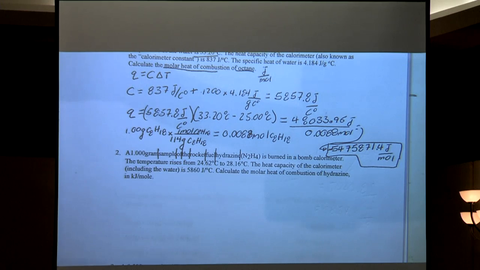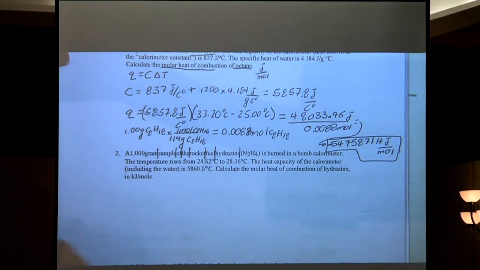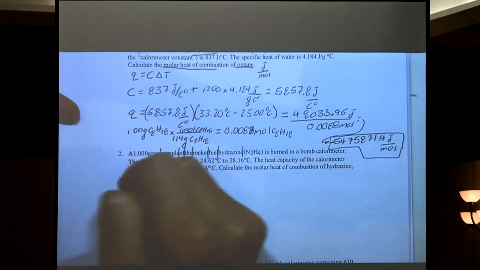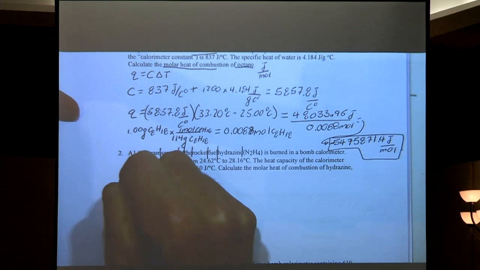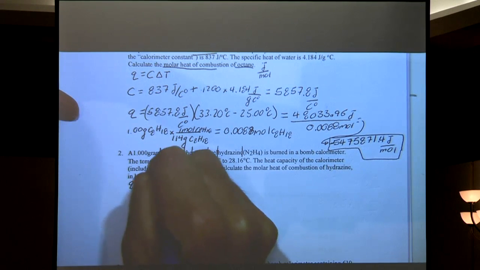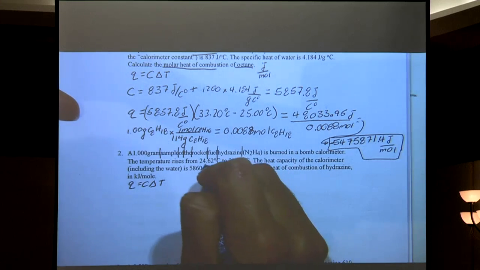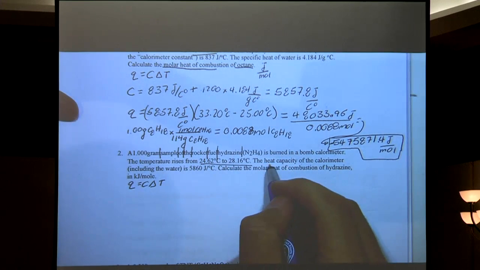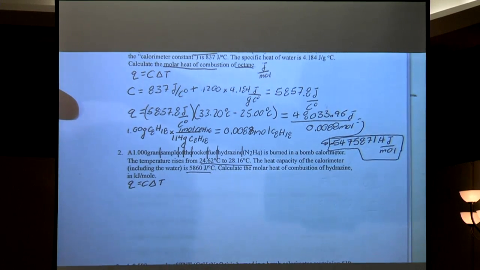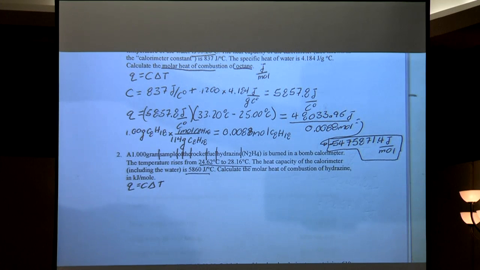All right, let's go ahead and go over this. So bomb calorimeter, what formula are we using? Awesome. Q equals C delta T. We have our delta T right here, and we have the heat capacity of the calorimeter. Calculate the molar heat of combustion of hydrazine in kilojoules per mole.